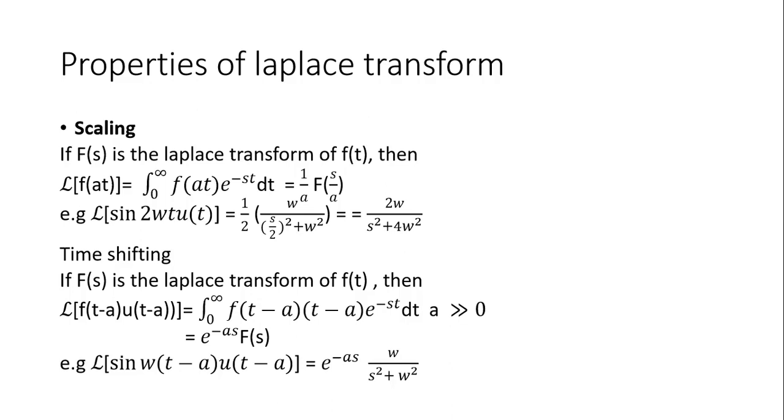If you have a function in frequency domain of this form, which is a transform of a time function of this form, then for the Laplace transform of f of at, when you scale it, that is to say, instead of having f of t, you have f of at, that is a multiplying the t, it's going to give you this form.